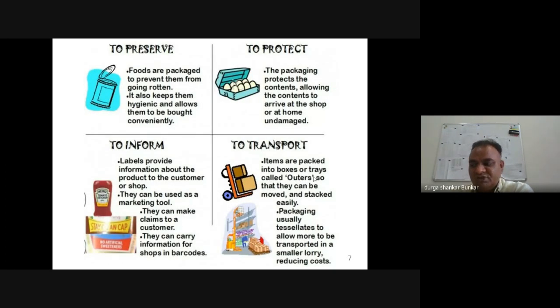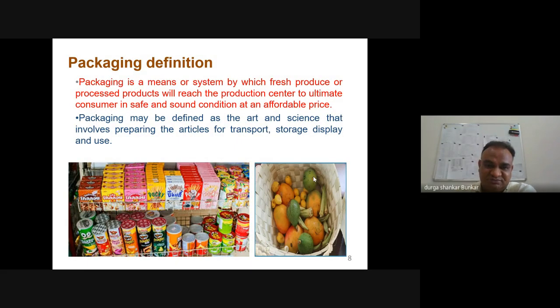The ultimate goal is to preserve. Packaging is needed to protect, to inform, and to transport. There is some kind of label which provides information about the product to the customer or shop, and the packaging provides easy transportation.